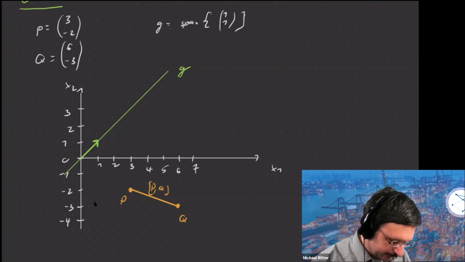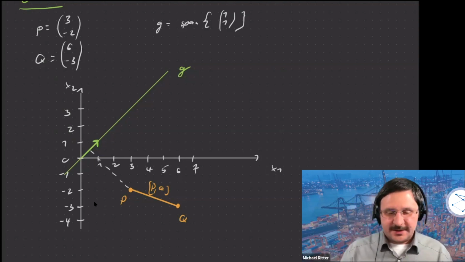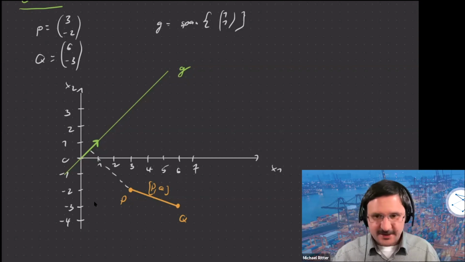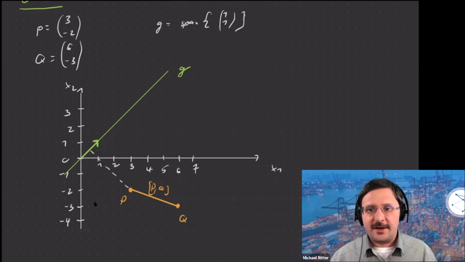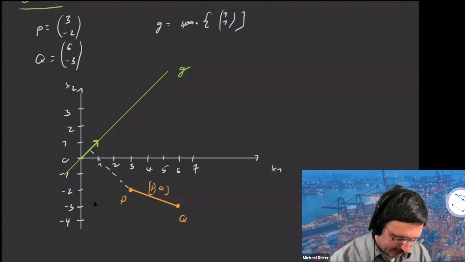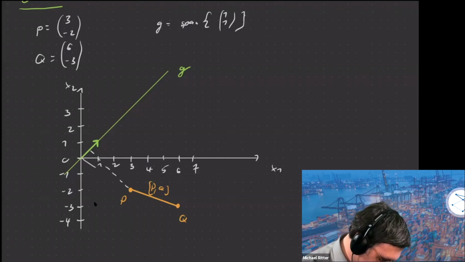And that means we are decomposing, that's the word I was looking for. We're decomposing the vector P into a part that is orthogonal to the line and a part that is parallel to the line. Let's see if I can sketch that.